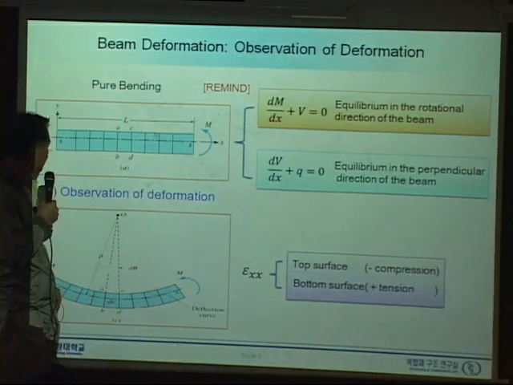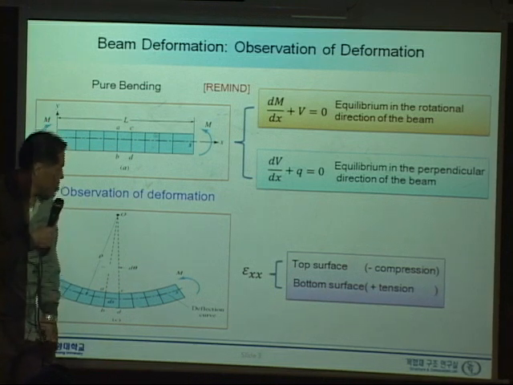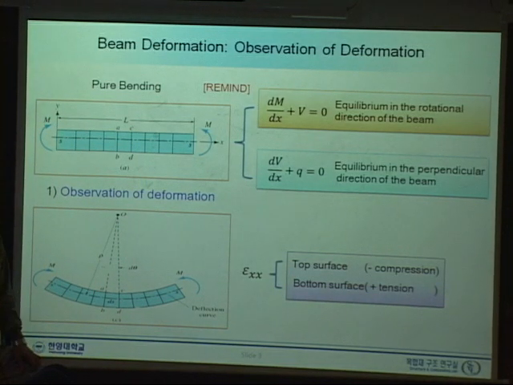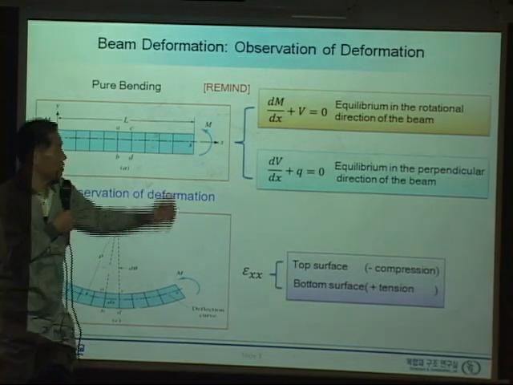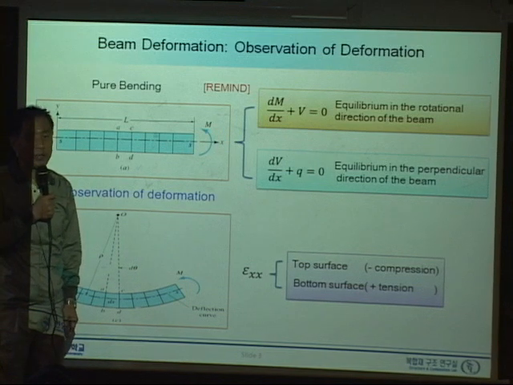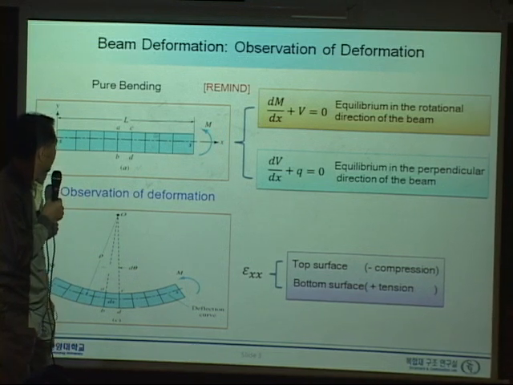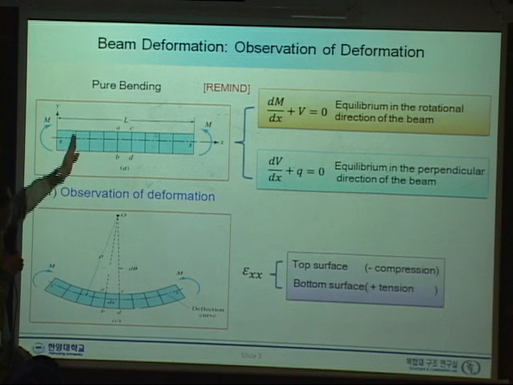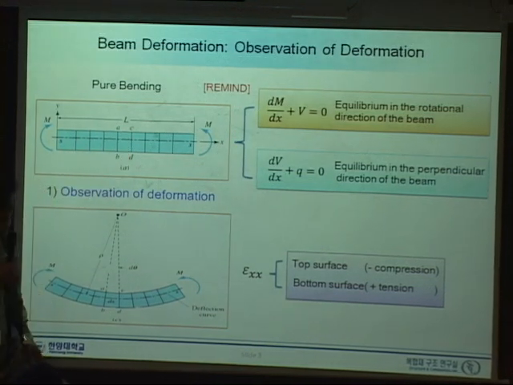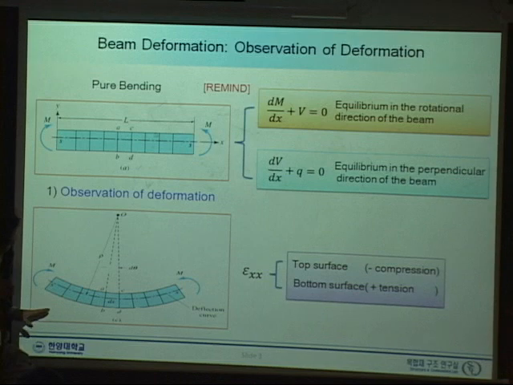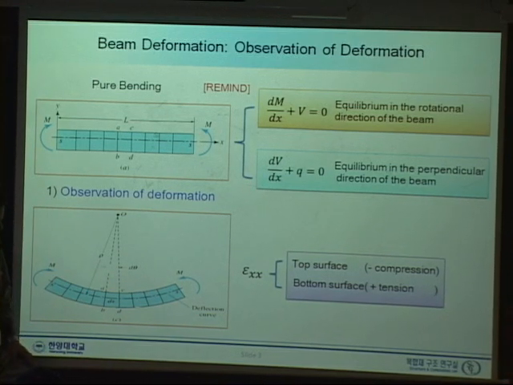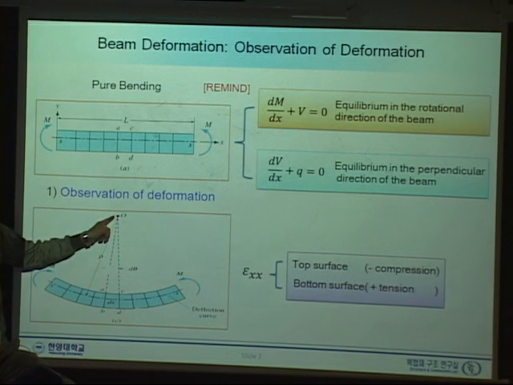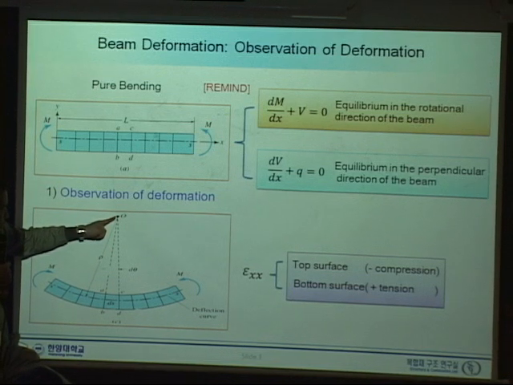And now, let's observe the deformation. We apply bending moment at the two ends, and let's take a look at what kind of deformation we will have. We have many subdivisions, and looking at all these subdivisions, there is one point, the center of curvature.